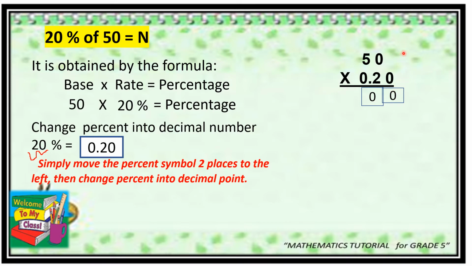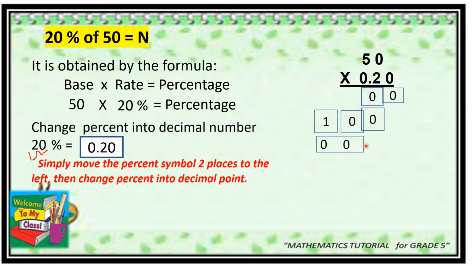So, 2 times 0 equals 0. 2 times 5 equals 10. Okay? Then, you will multiply again 0 by 50. So, dahil yung 50 ay 2 digits, so gagawin natin, maglagay ng dalawang 0 sa ibaba.